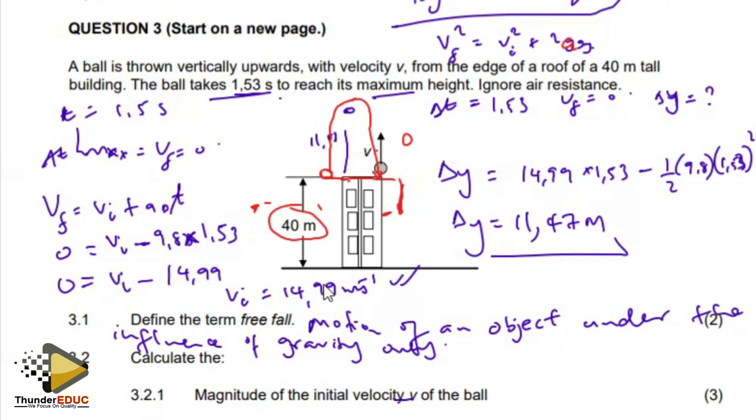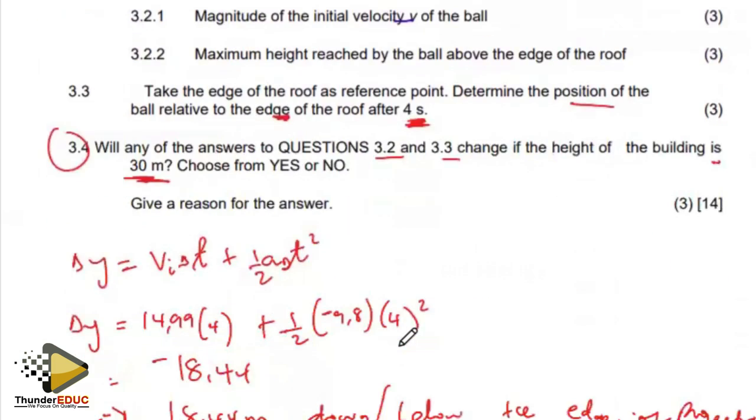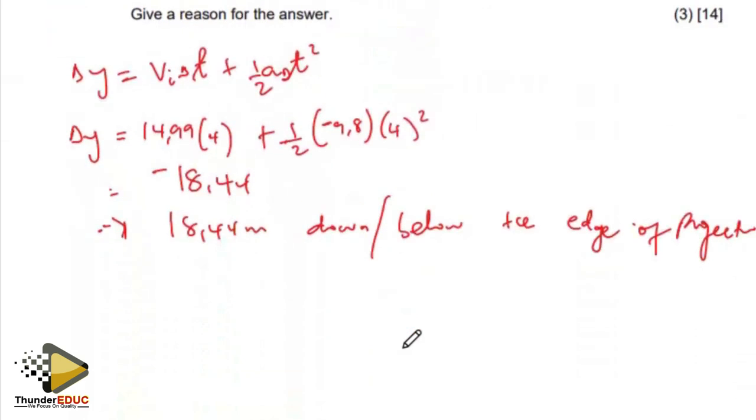There's not going to be a change, because remember, we are ignoring air resistance. If air resistance was there, then we would say that yes, it might change. But since air resistance is excluded, our answer is going to be a big no.